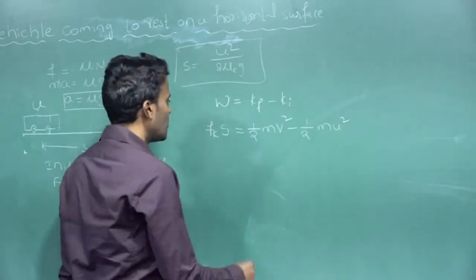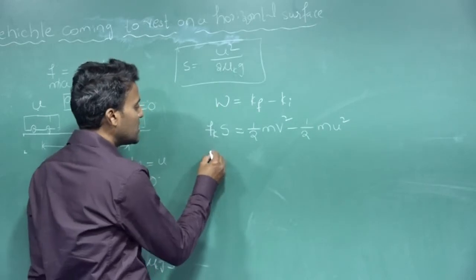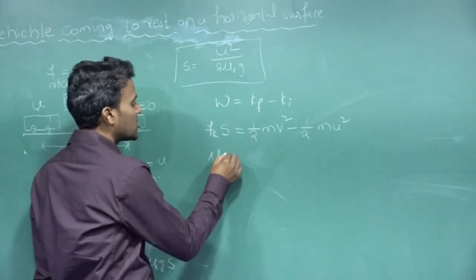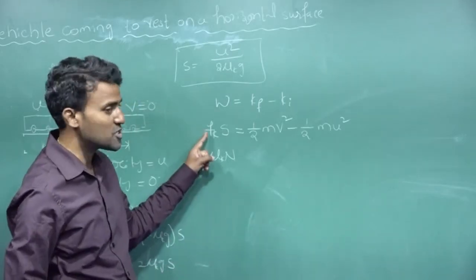Isn't it? Now I am writing here, Fk is equal to mu k into n, the kinetic frictional force formula.